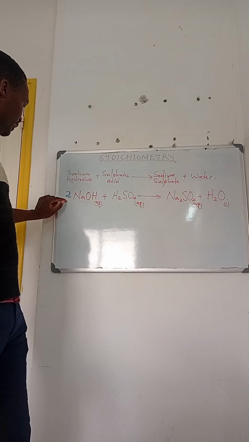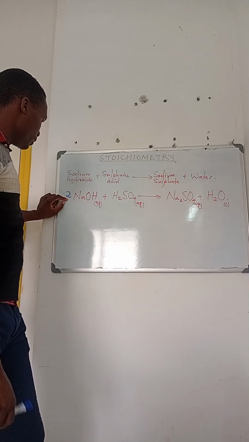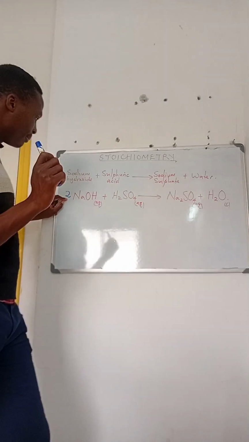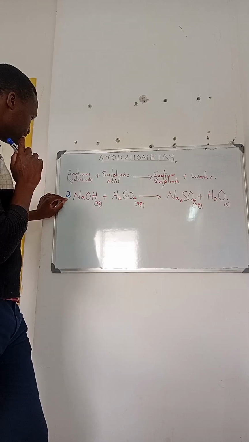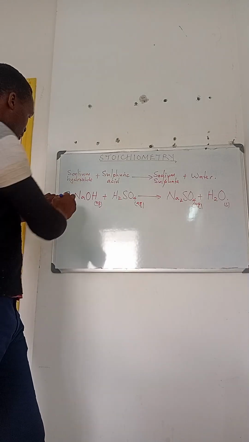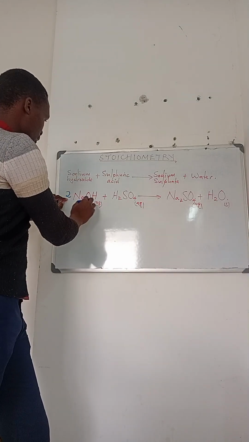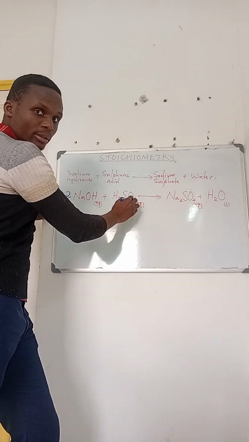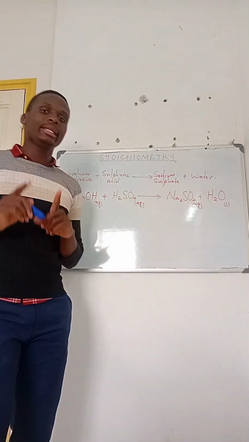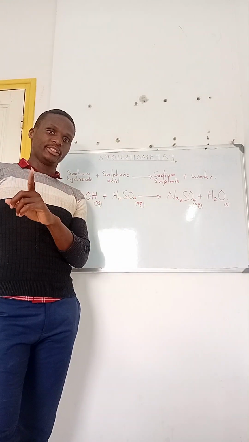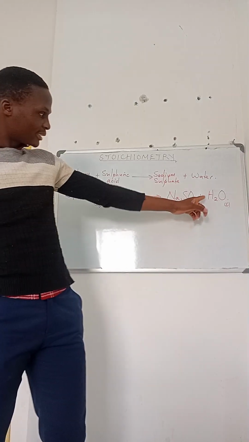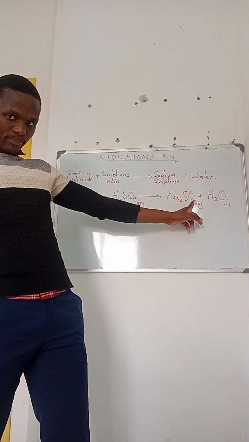So after placing 2 here, we now have the number of atoms of oxygen, which is 2, then plus 4 is 6 on the left-hand side. But on the right-hand side, we have got 4 here.